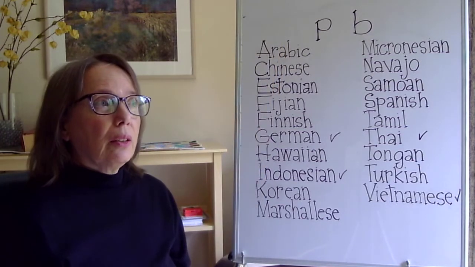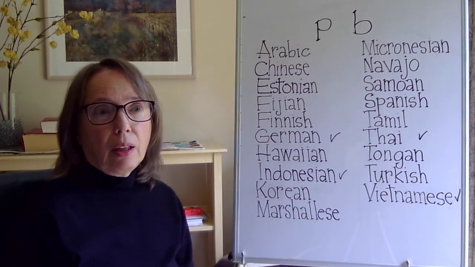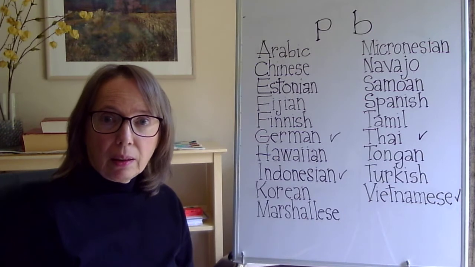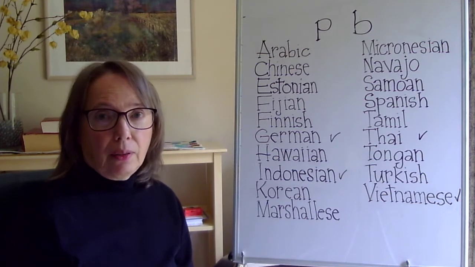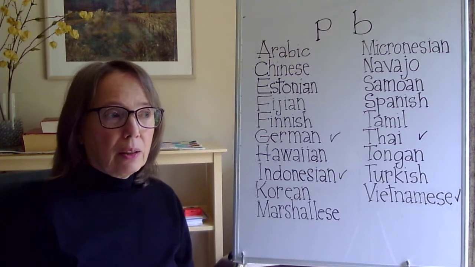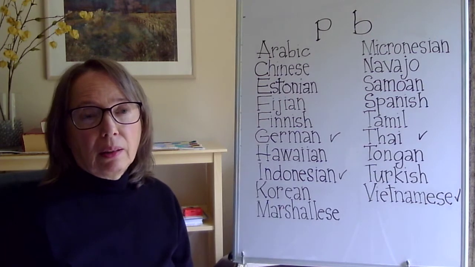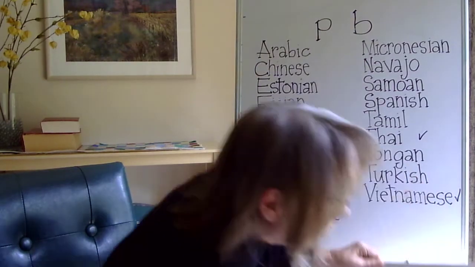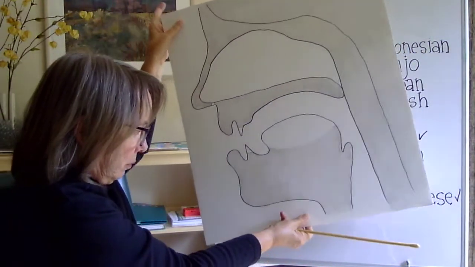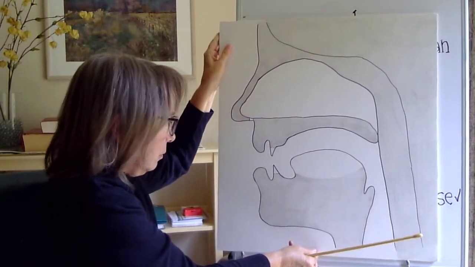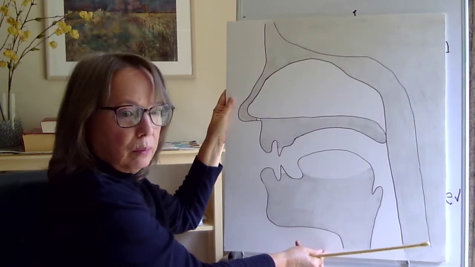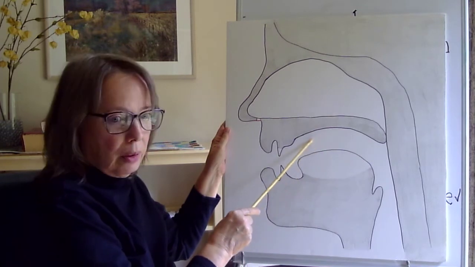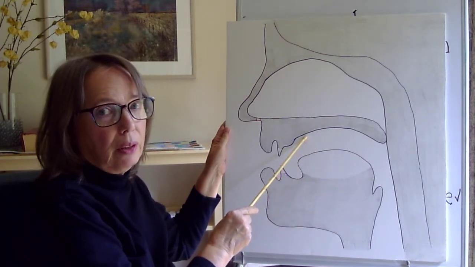Usually, the most difficult issue with P and B will be P at the beginning of a word. So how are P and B produced? Okay, the air is going to come up into the mouth area.